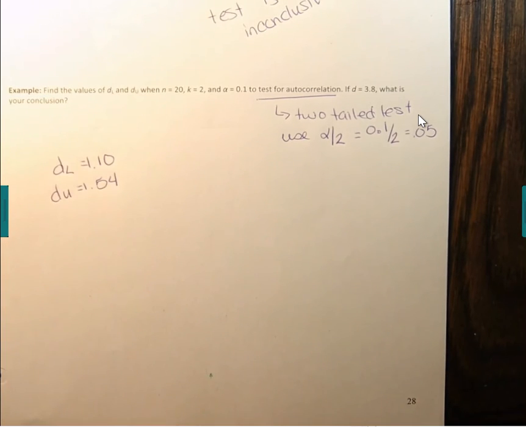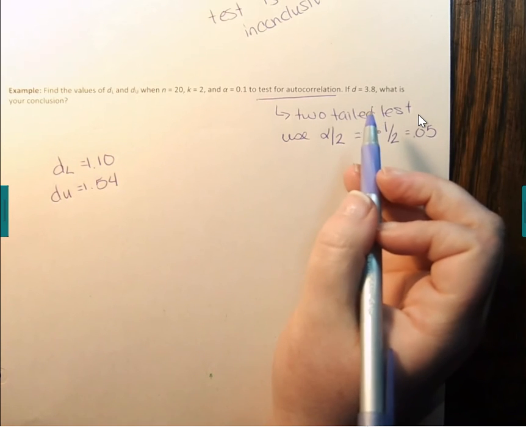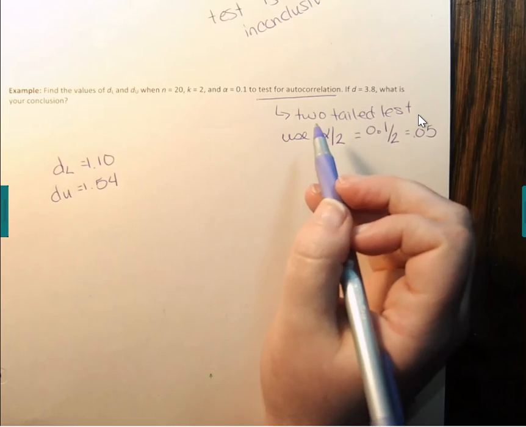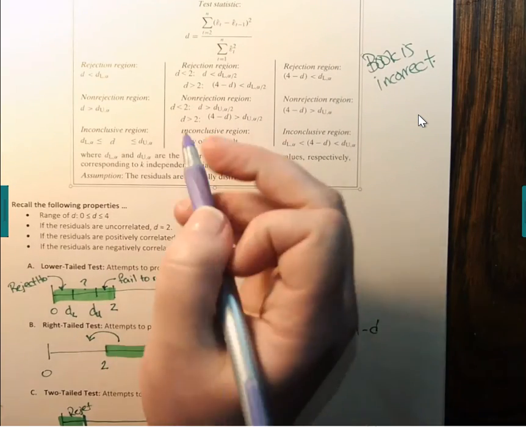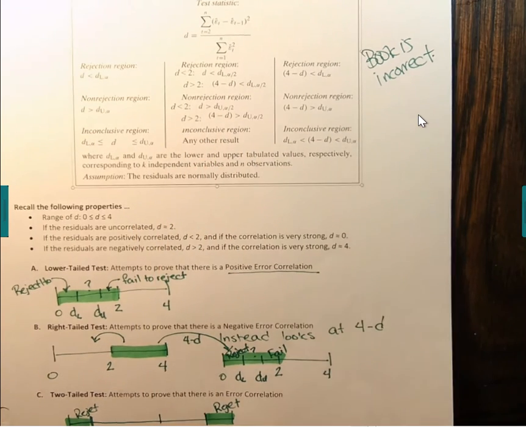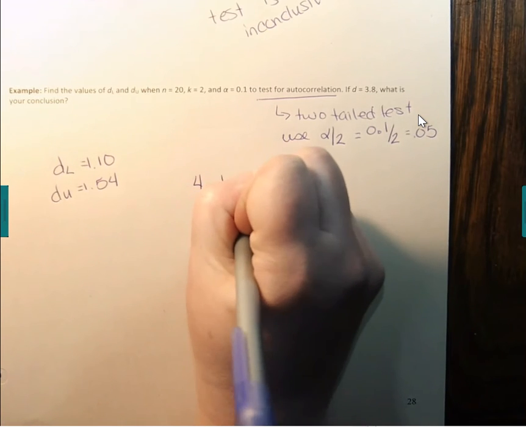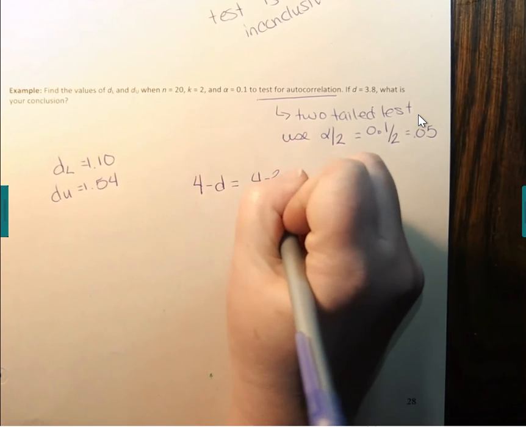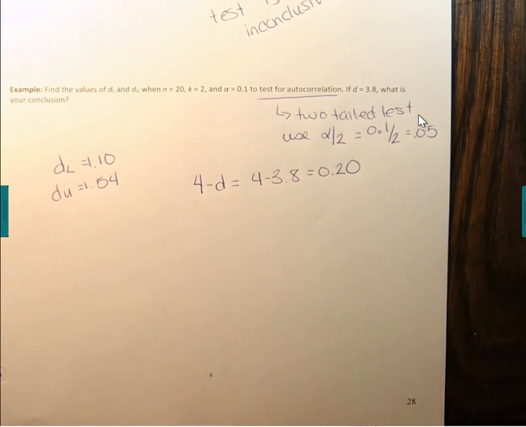Now we want to be careful here, because notice that D is equal to 3.8. So if we go to the summary of the test, notice when we've got the two-tailed test, if D is greater than 2, we're actually going to work with 4 minus D. So 4 minus D is equal to 4 minus 3.8, which is equal to 0.20.